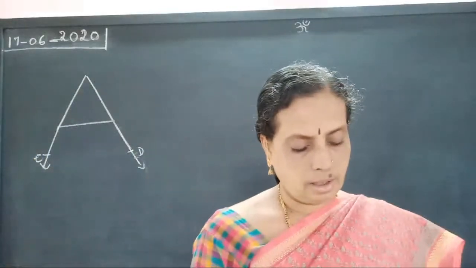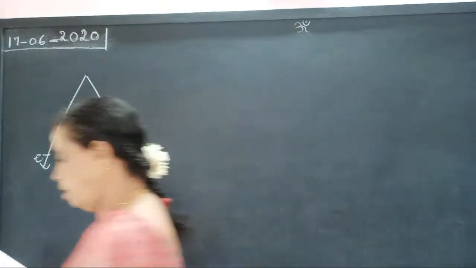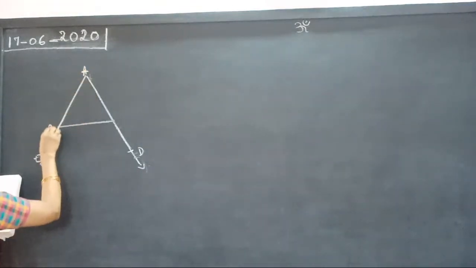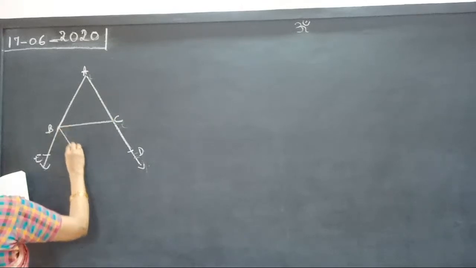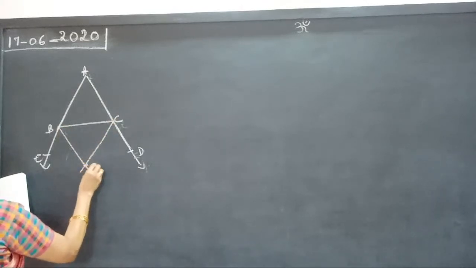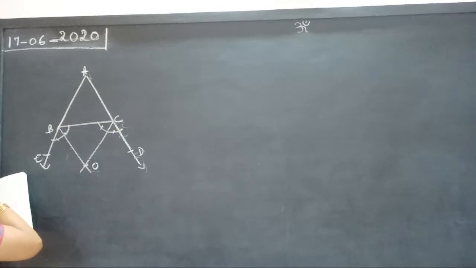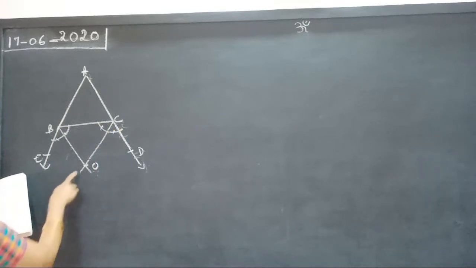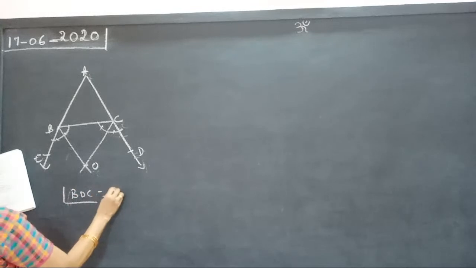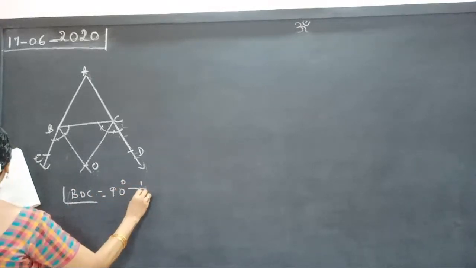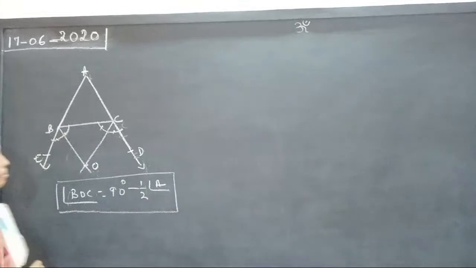The sides AB and AC of triangle ABC are produced to points E and D. If the bisectors BO and CO intersect at point O, we have to prove angle BOC equals 90 degree minus half of angle A. This result is for the external bisector.